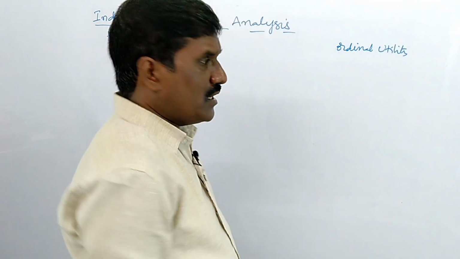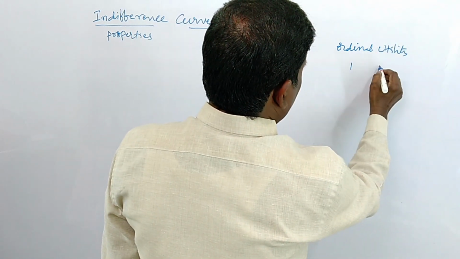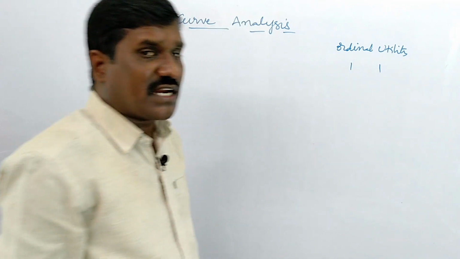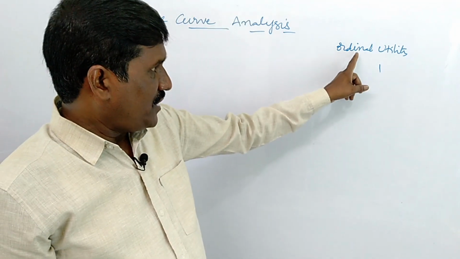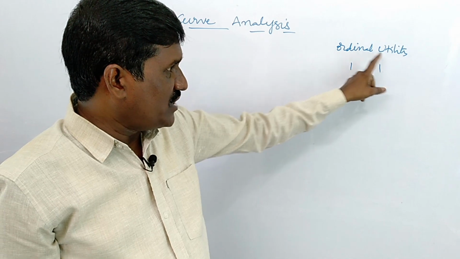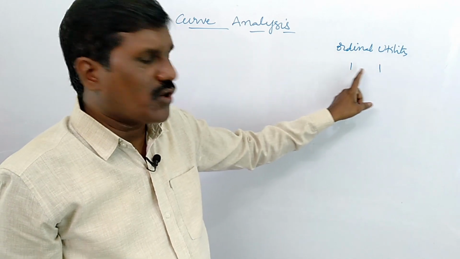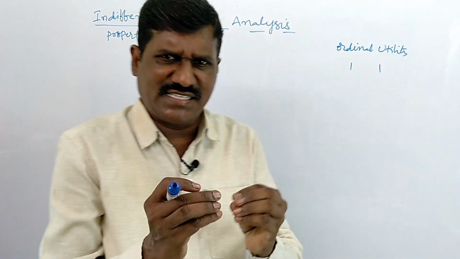It means the utility which can be compared between one commodity and another commodity. If you want to analyze the ordinal utility, we need two or more commodities. Why? Because it is a comparison.